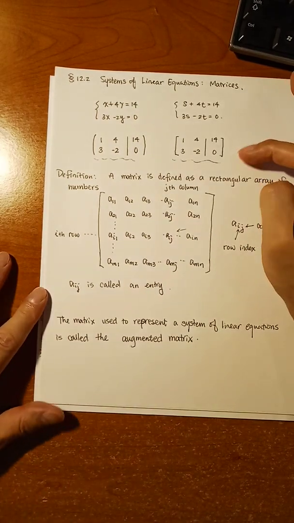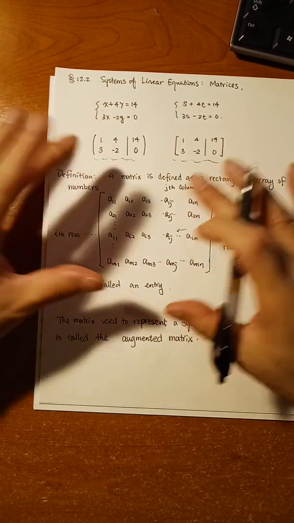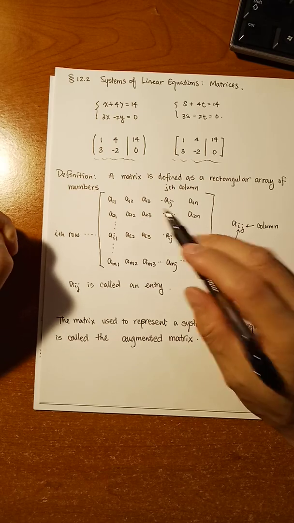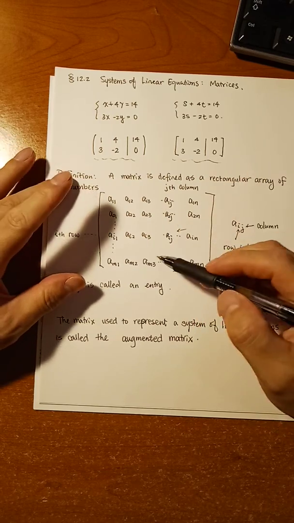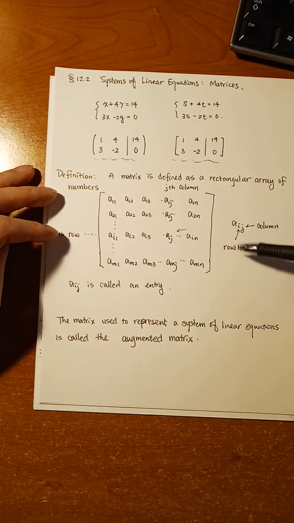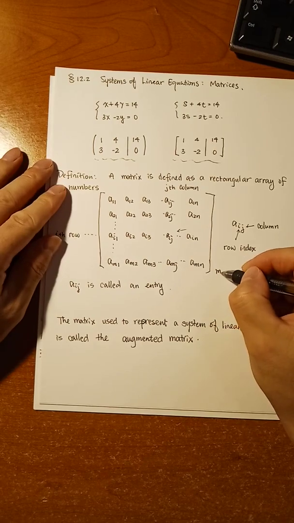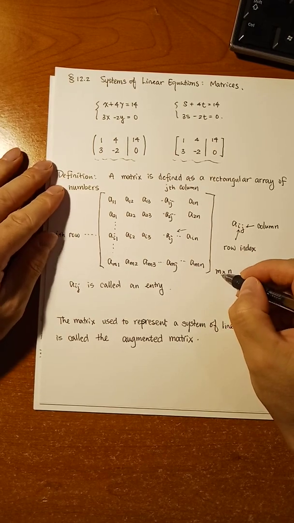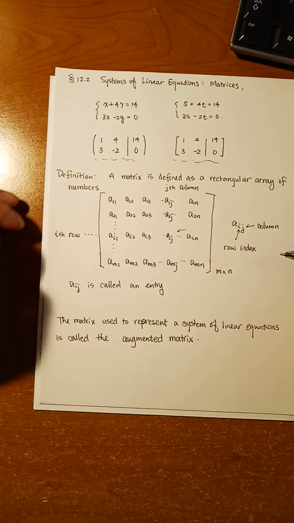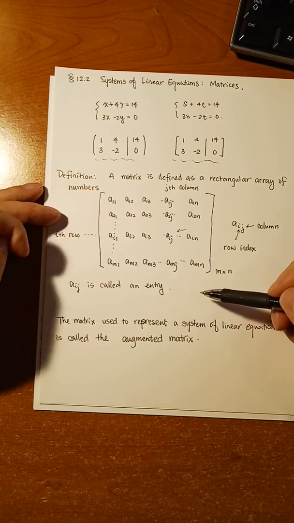Okay, and you get a certain pattern, a certain array, and this array is generalized to an m by n matrix. This matrix has a dimension. What is a dimension? It has m rows and n columns, so it is an m by n matrix. M means m rows, n means n columns. Each number in this matrix is called an entry.